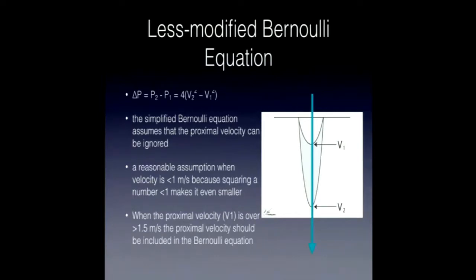Now, if that velocity is less than 1 meter per second, you're going to square it in this more complex equation, and therefore that 1 is going to get even smaller. So if your proximal velocity is less than 1.5 meters per second, as a rule of thumb, we don't worry about the proximal velocity. I won't say anything more about that today. I don't want to confuse people if you haven't seen that concept before.